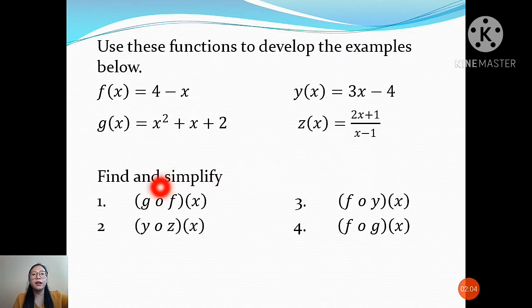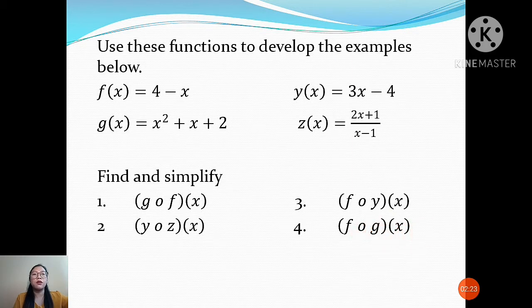We have to find and simplify: number 1, g ∘ f(x); number 2, y ∘ z(x); number 3, f ∘ y(x); and last, f ∘ g(x).